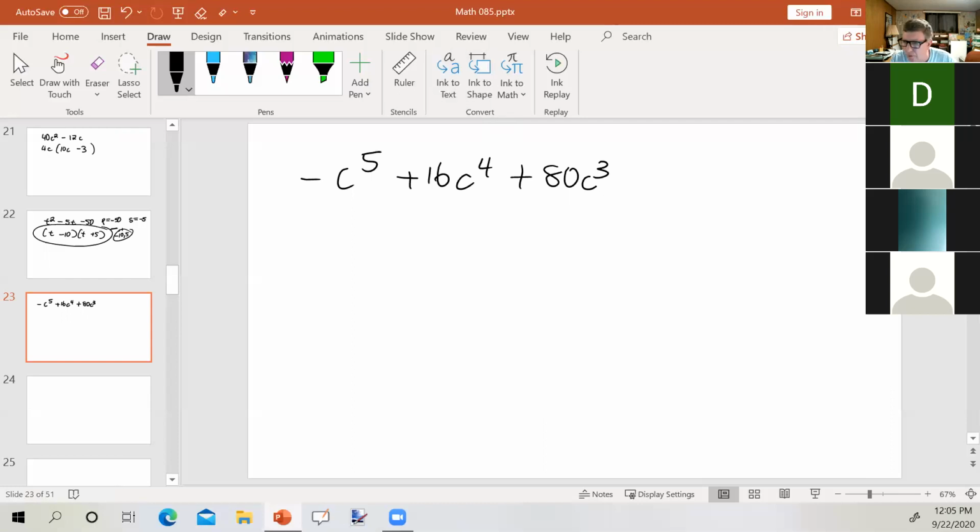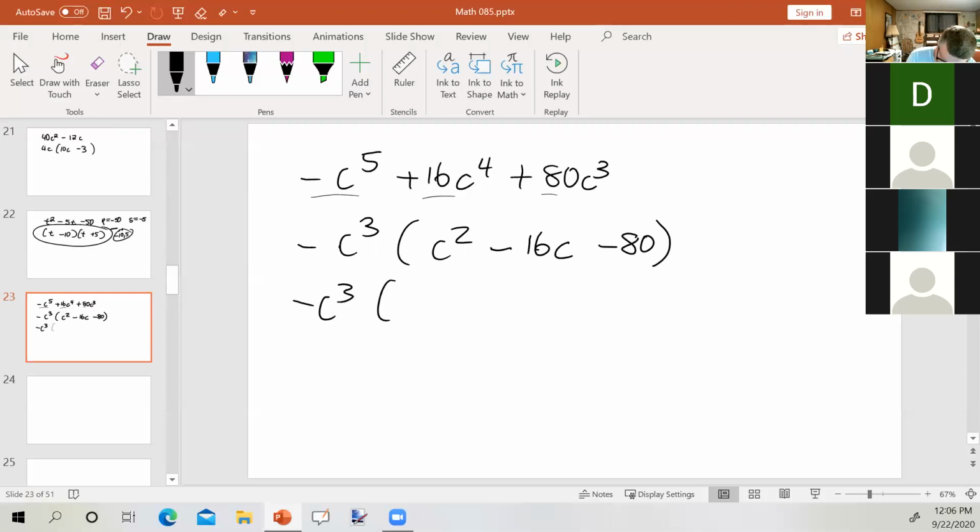Actually, no, it's even bigger than that. Negative c cubed. Good. So that gives us a positive c squared left over, minus 16c minus 80. Be really careful with your signs there. Factoring out a negative changes the sign of each thing that goes inside. Okay? So now, bring down the negative c cubed.